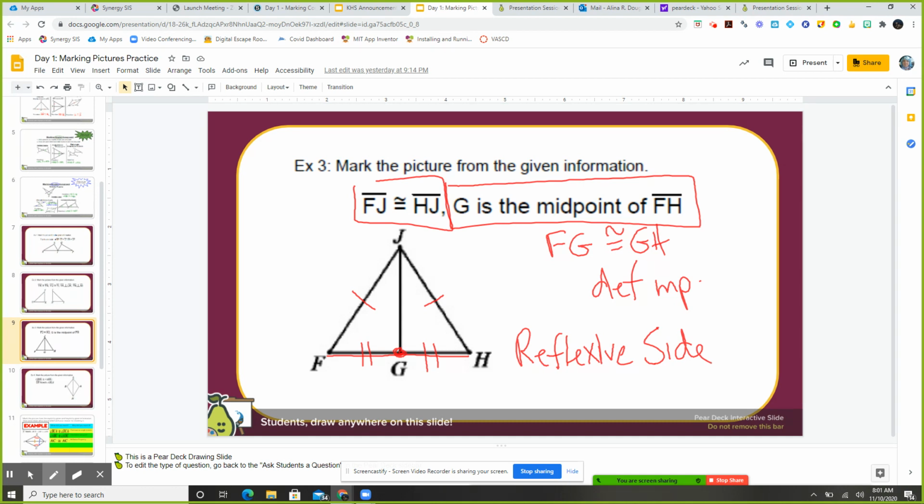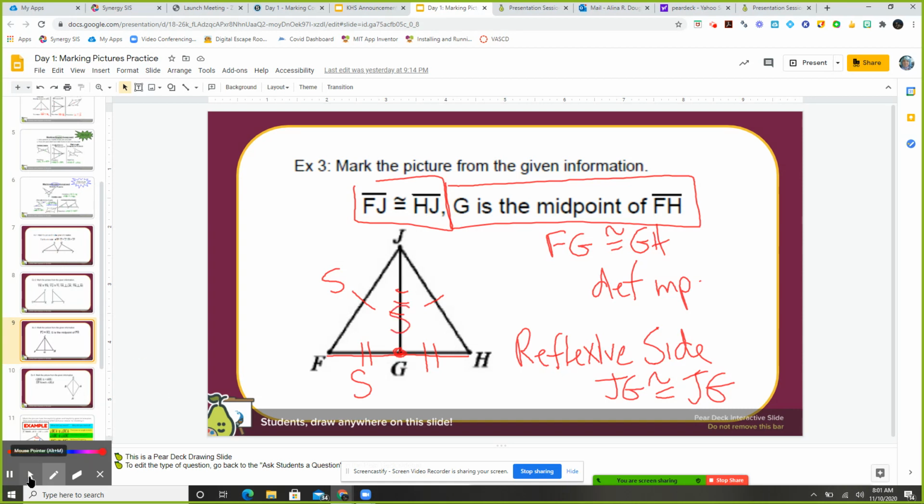Yeah, I've got a left triangle with JG as the height, and I've got a right triangle with JG as the height. So JG appears in both triangles. JG is congruent to JG. So what do I have marked here? We've got a side, and a side, and a side.